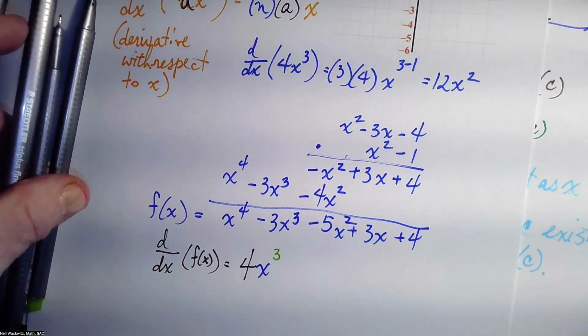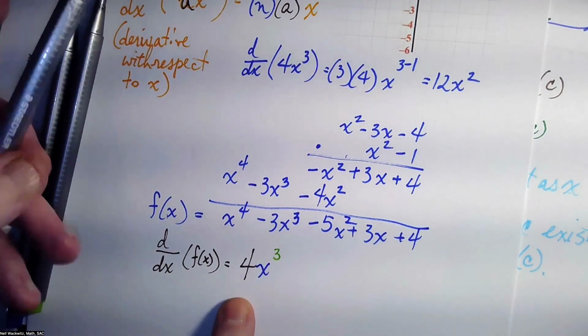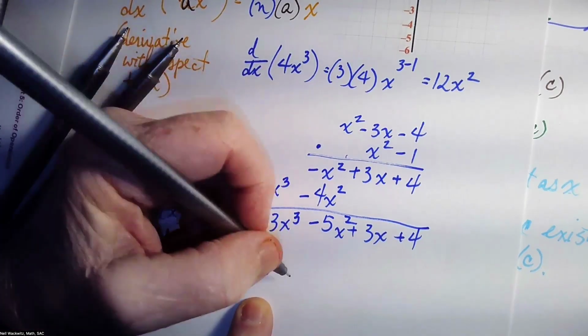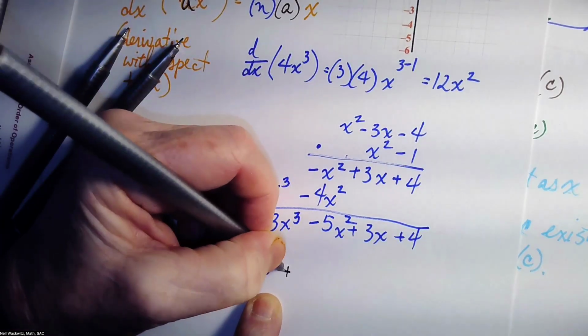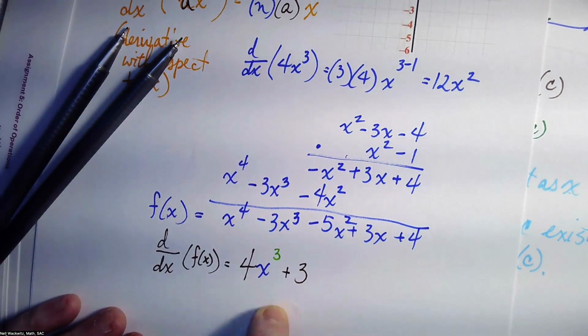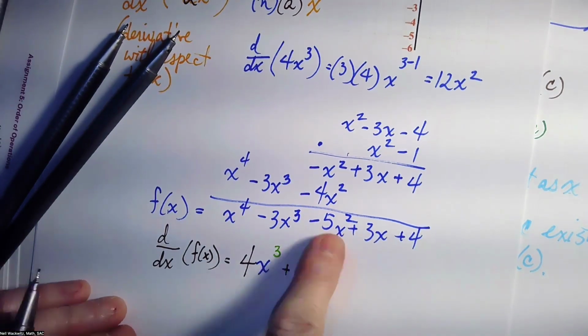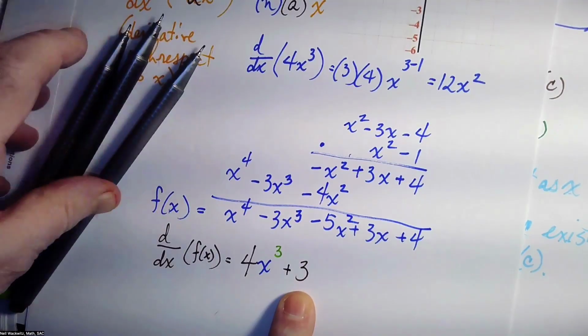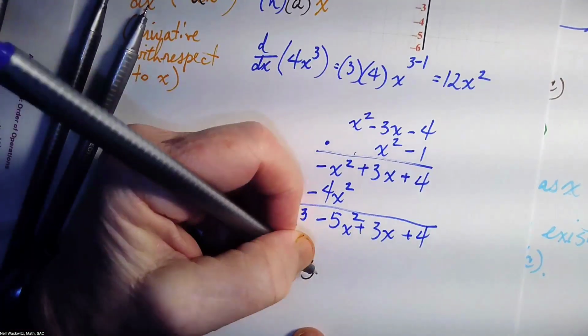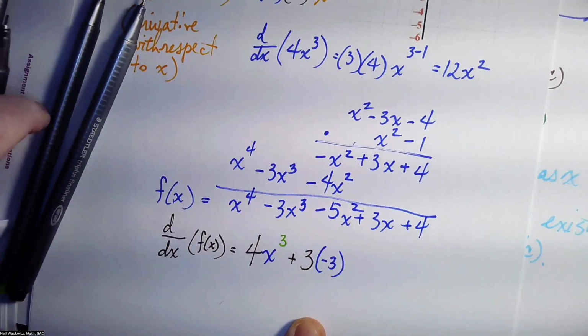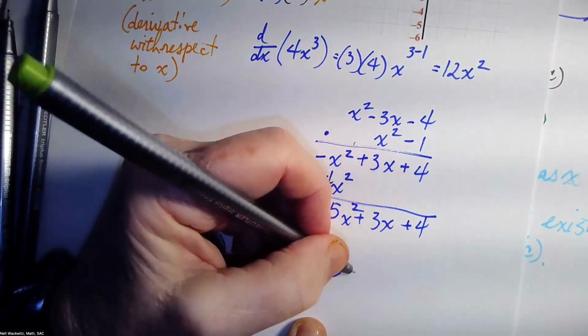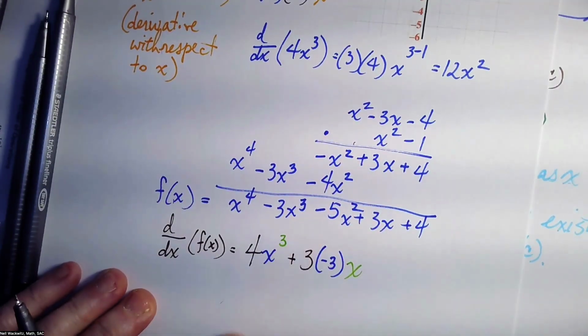This time we do have a coefficient. So we're going to bring down that positive 3, multiply it by the coefficient, and then I have x raised to the 3 minus 1, which is 2.